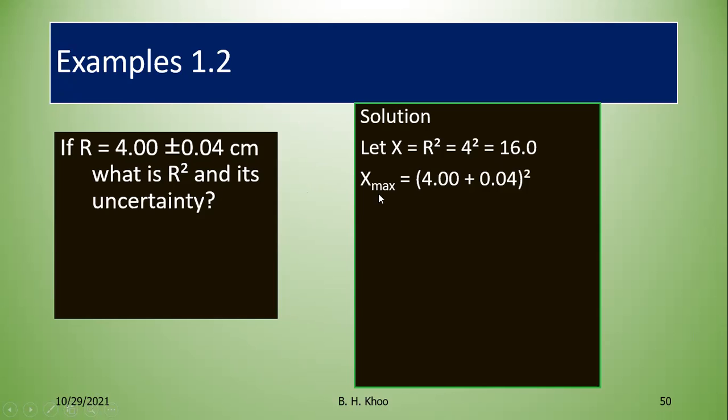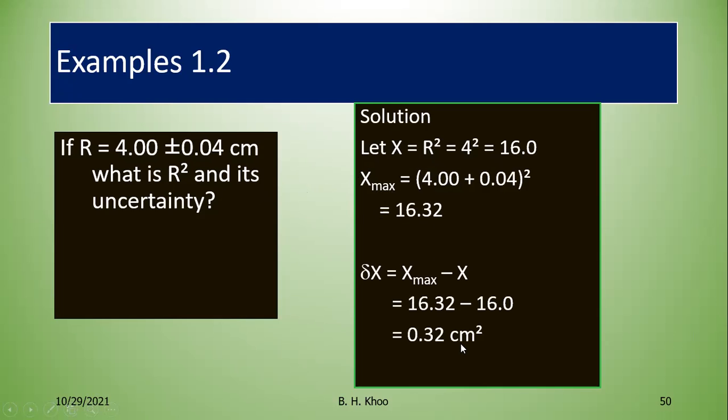So the largest value of R squared is 4 plus that value, and then square that: 16.32. So we subtract, maximum minus the average value, we get 0.32. Rounded off to one significant figure, we can write our answer as 16.0 plus minus 0.3 cm squared.